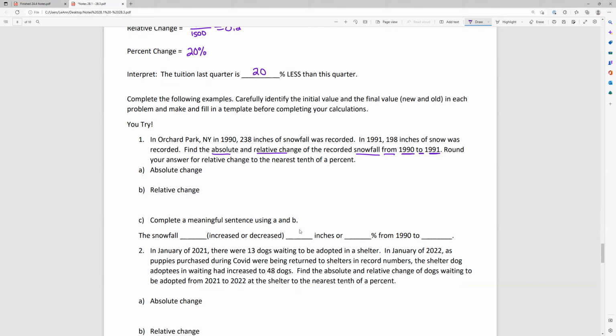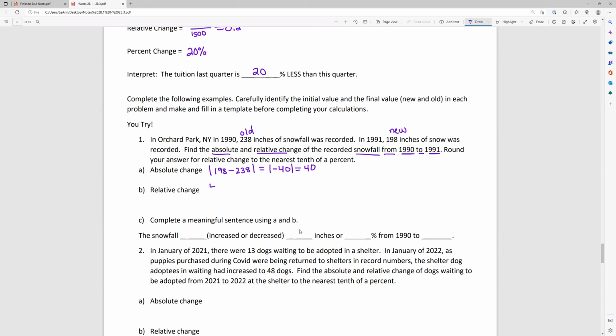So 1990 is the old, so the 238 inches of snow, that's old. 1991 is where we're going to, so that's going to be the new. So new minus old would be 198 minus 238. And that's going to be an absolute value of negative 40, which is just going to be a 40.